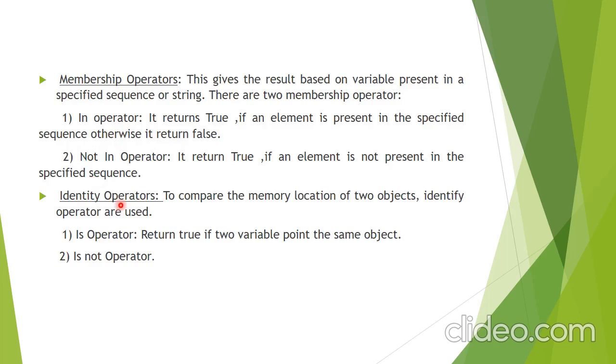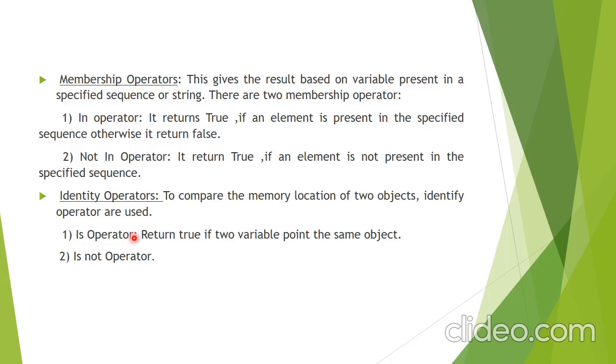Now next is the identity operator. What will the identity operator do? It compares the memory location of two objects. For example, if I want to find whether my two variables are on the same memory location or not, I can compare using the identity operators, that is the is operator and the is not operator.